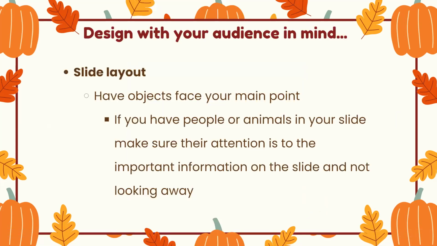So next to think about is having your objects face your main points. If you have people or animals in a slide, you want to make sure that their attention is on the important information on the slide and not have them looking away. For example, an audience will direct their attention to whatever the objects are directing their attention to.